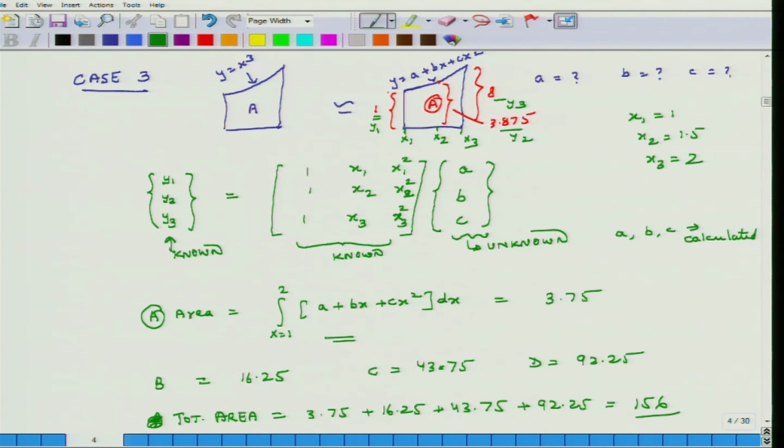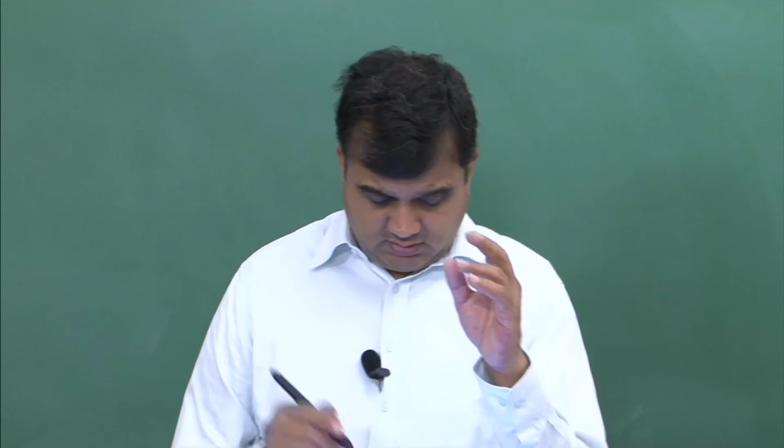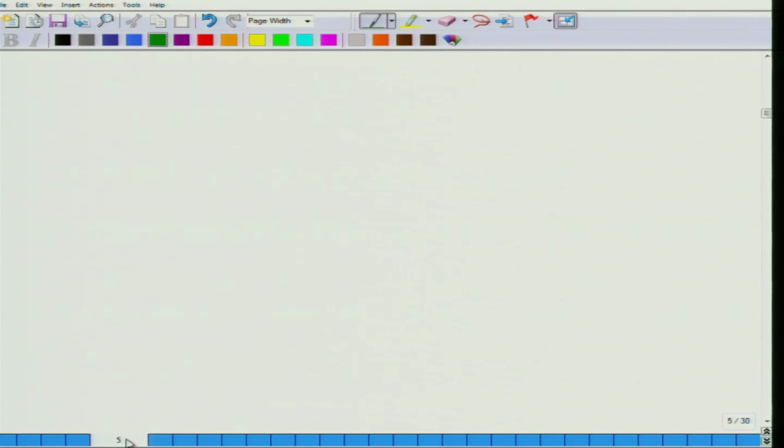So from this we see something very significant, that the accuracy in this approach where we are breaking up the domain into smaller and smaller units depends on three things.